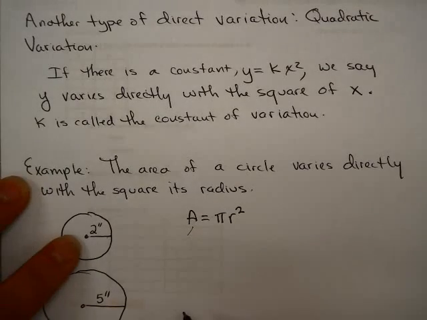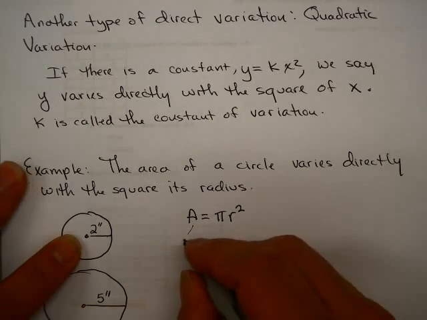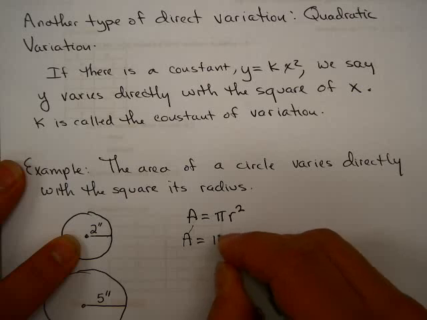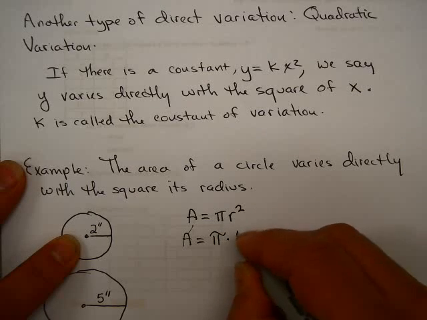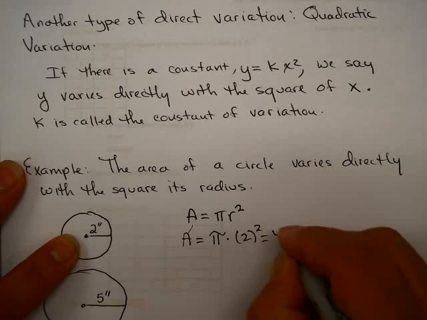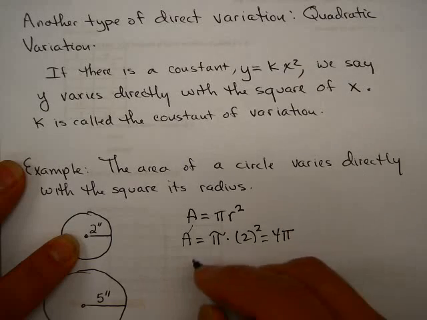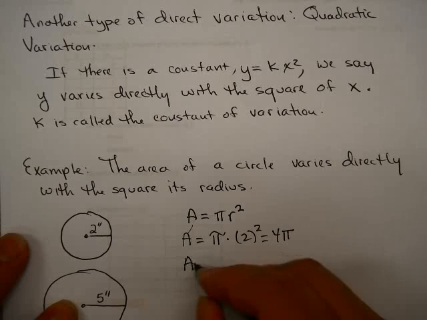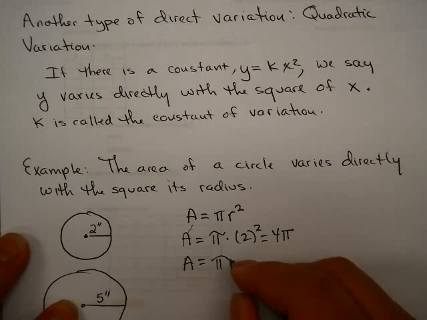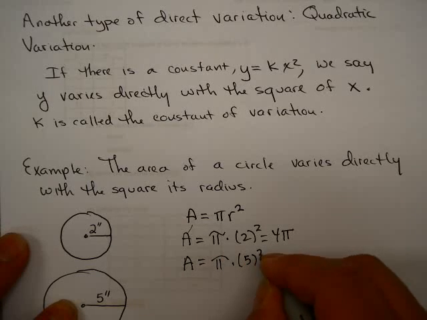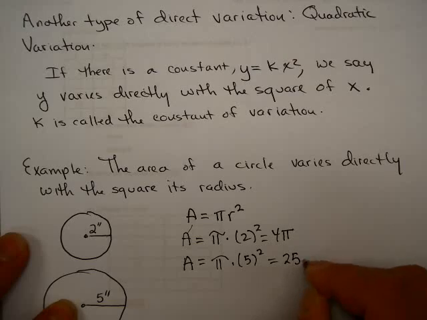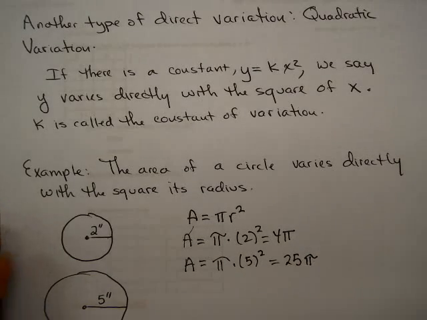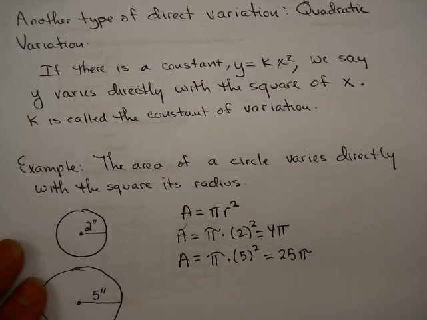If I have 2 inches for my radius, my area is pi times 2 squared, or 4 pi. And if I have 5 as my radius, I would have pi times 5 squared, and that equals 25 pi. So this is an example of quadratic variation.